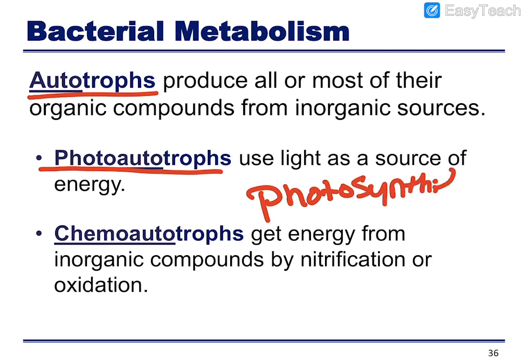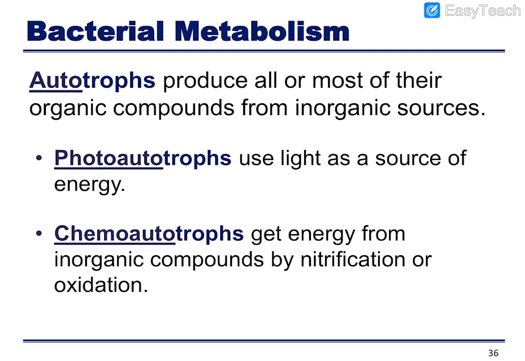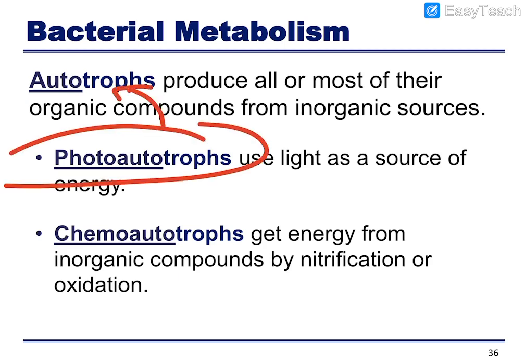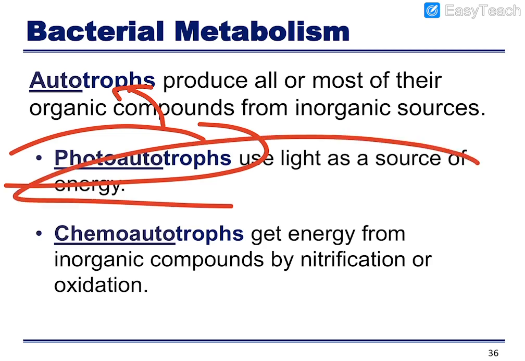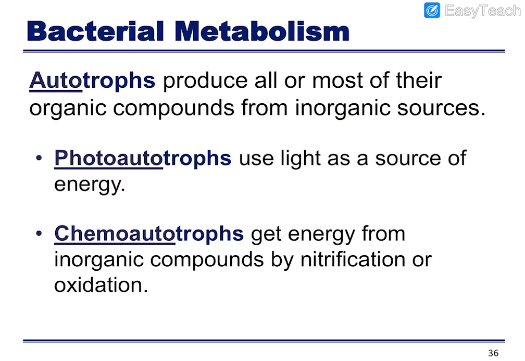So you might be thinking photosynthesis. And you would be correct. So photoautotrophs are a type of autotroph that use photosynthesis to get their energy. So they make their own energy through light.